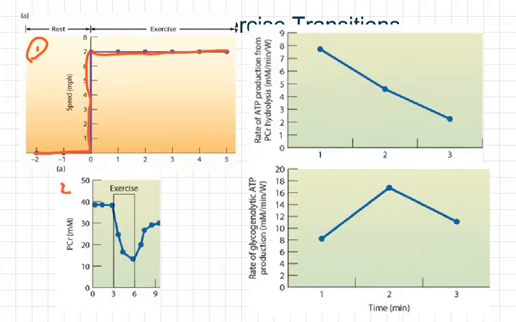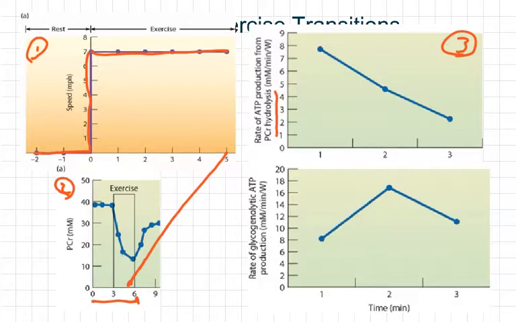Here in the second graph, we're looking at the phosphocreatine levels in the muscle. And so this is measured from minute 0 to minute 6. And so when we measure this into our graph of our speed, this is about right where we're at when we look at our muscle synthesis. Furthermore, here on graph 3, this is showing our rate of production through the PCR pathway.